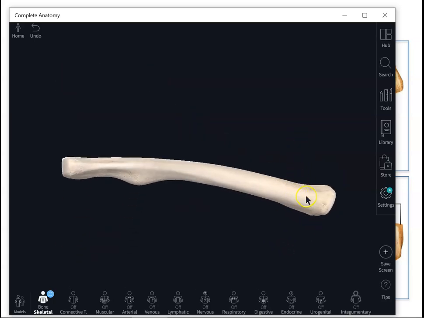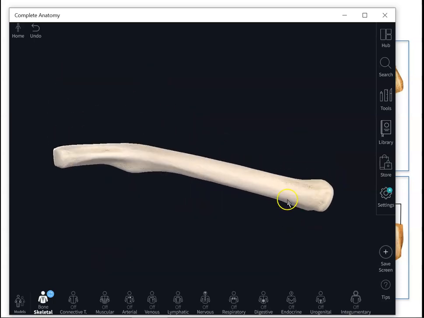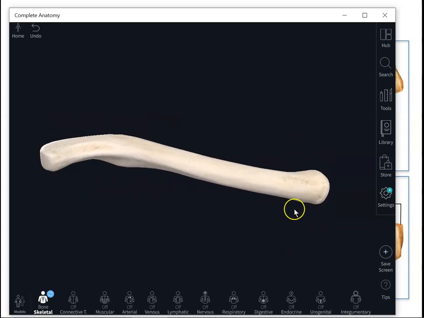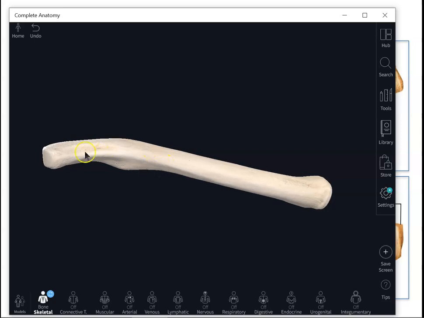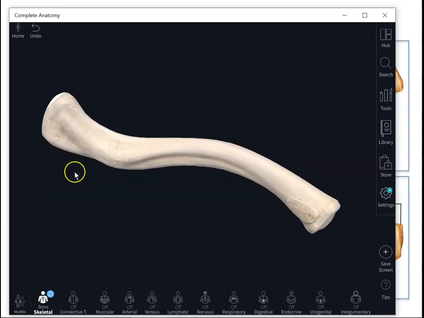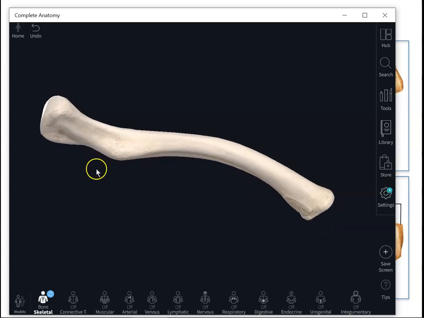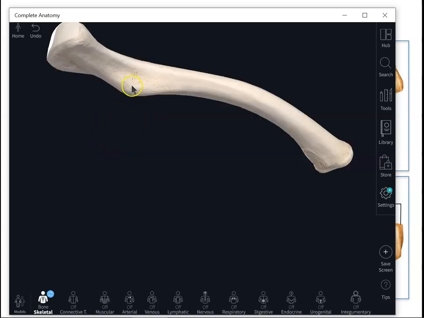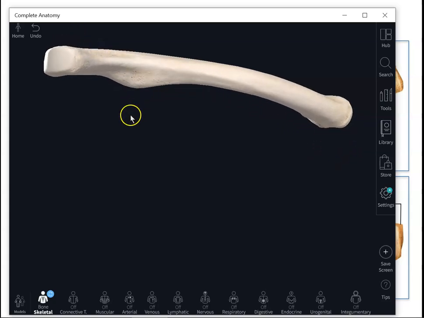So no matter how we rotate it, if you look over here, it's pretty wide because it flares out like a trumpet. Whereas if we rotate it, the acromial end can be big or it can almost disappear because it's flattened. Also, this right here is the coracoid tuberosity, or the conoid tubercle.